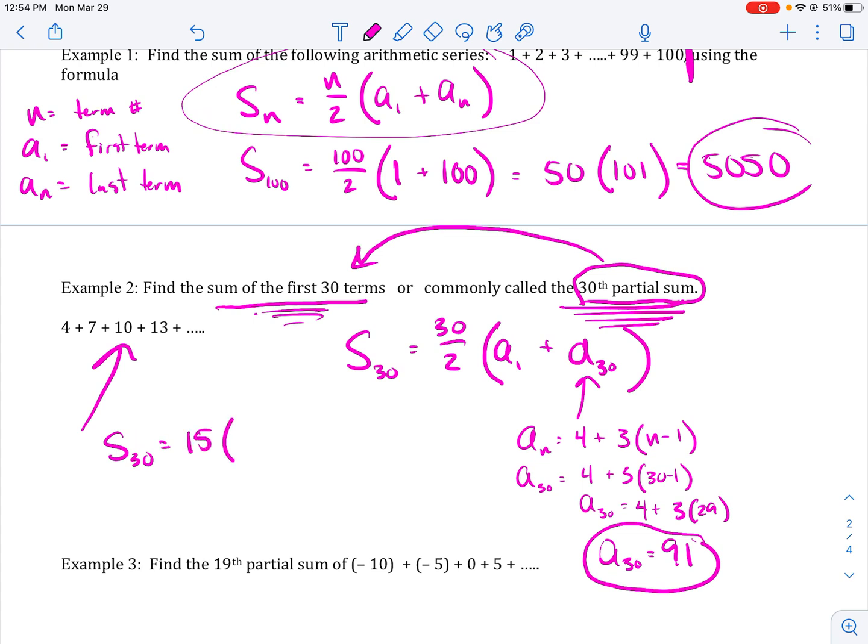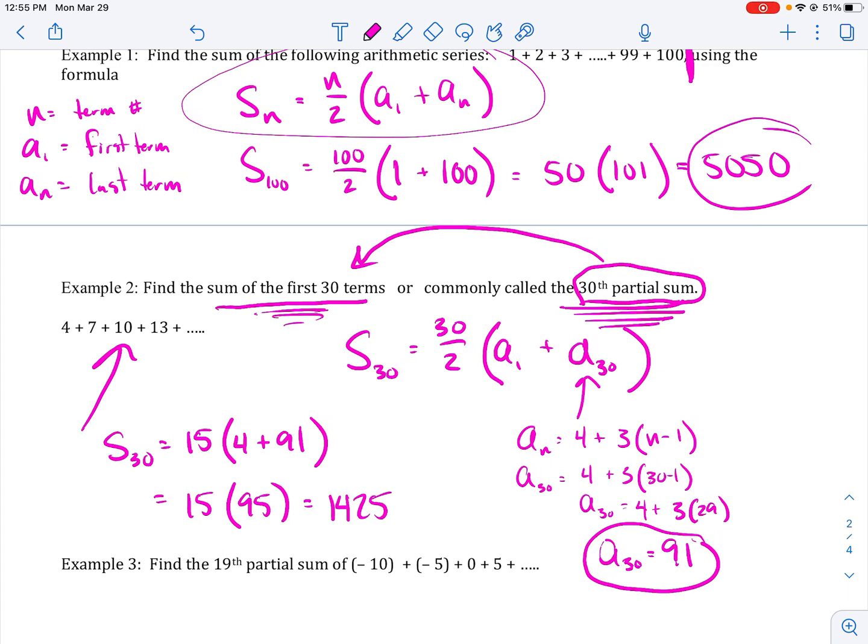So it's going to be 15, first term, plus 91. So 15 times 95. 1425.